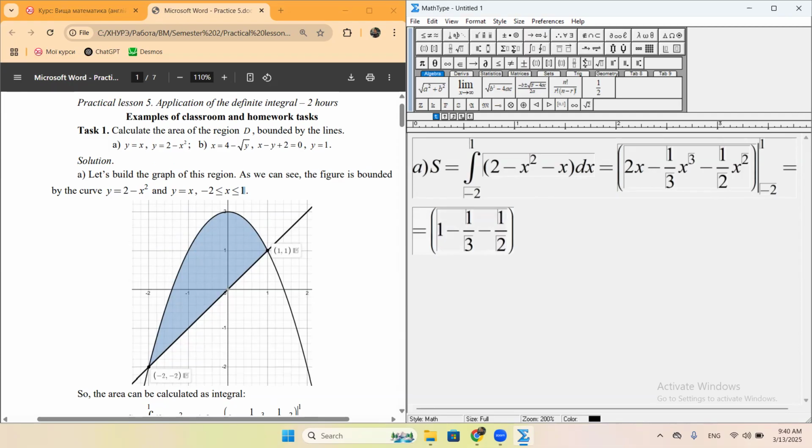Yeah, because we substitute 1 first of all, and I confused it with 2. And here minus 4 plus 8 over 3 and minus 2.